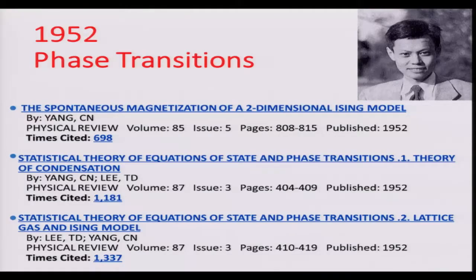Okay, let me start with 1952. Professor Yang had recently moved to Princeton. In 1952, he published 3 papers. One is the magnetization of the 2-dimensional Ising model, and the next 2 are the extension to lattice gas.